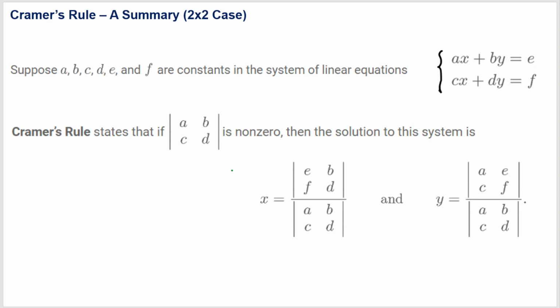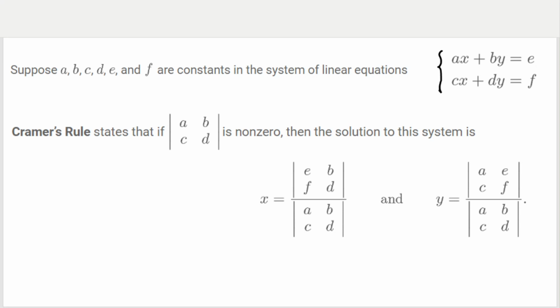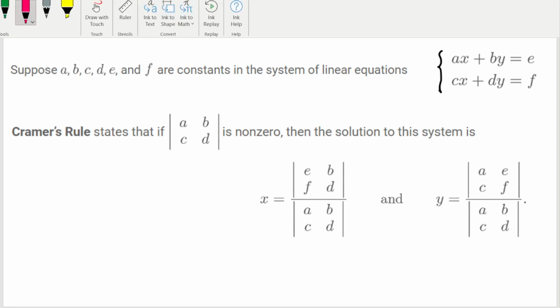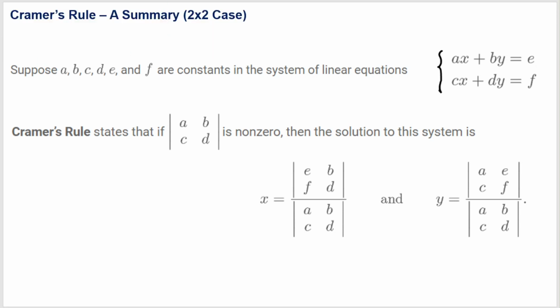Alright, I'll give you some time to write this down in your notebook, and next we'll have a look at an example, okay? I'll also put a note to help you understand.